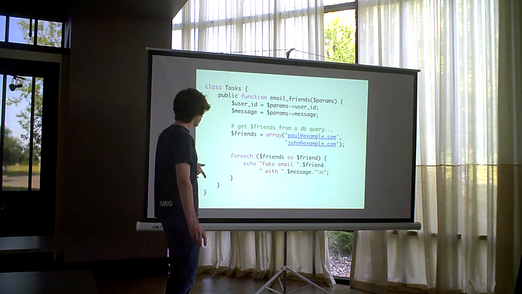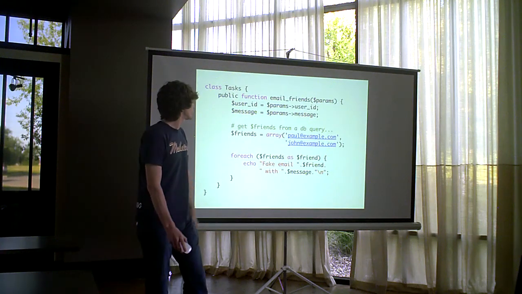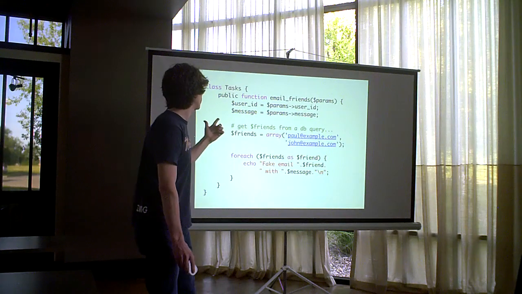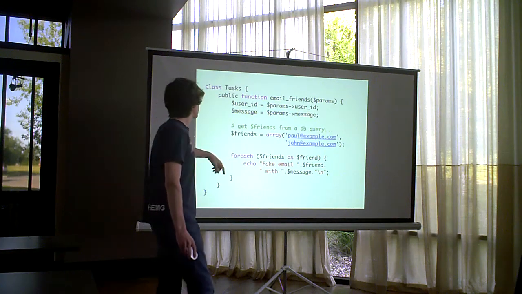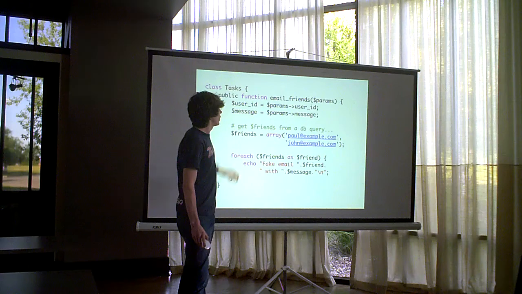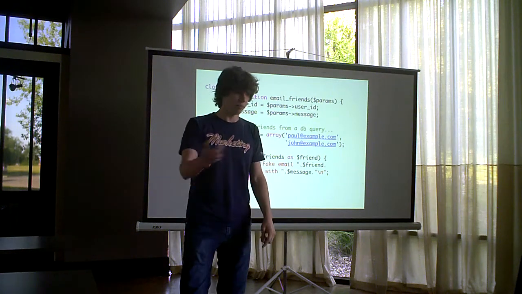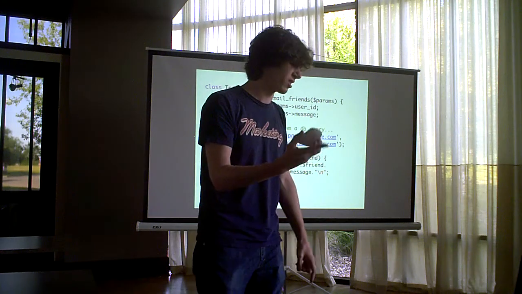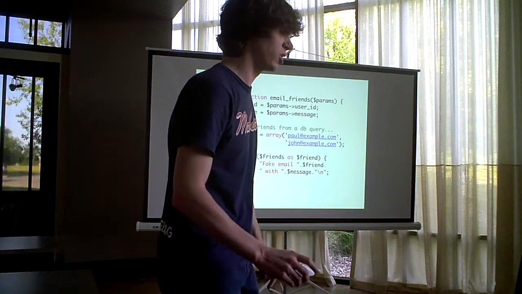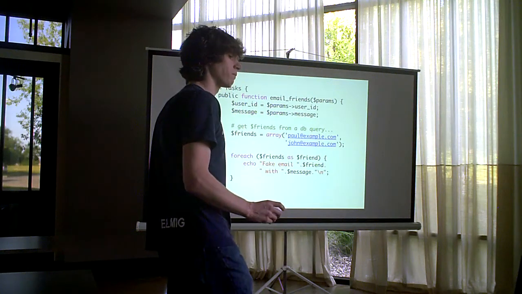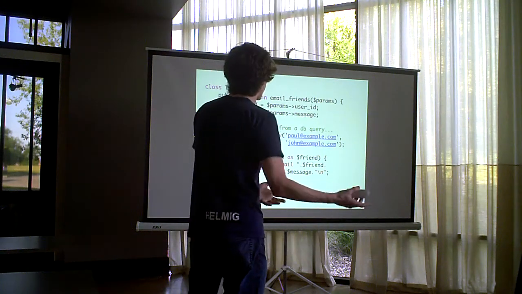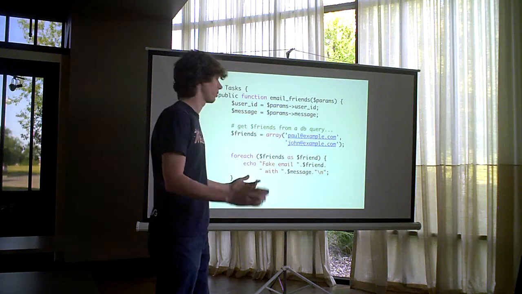So this is the tasks function, and this is PHP, of course. Really simple tasks class, a function called email friends, takes params. You can see we're grabbing the stuff from params. Actually, this is an object. That's just the way that PHP handles JSON by default, which is what we're going to use to serialize this.